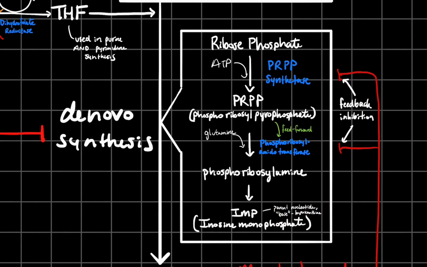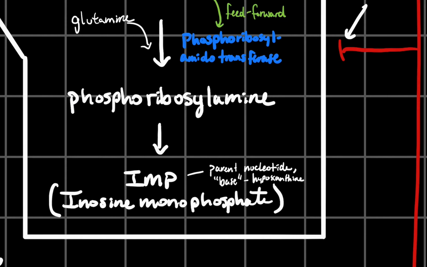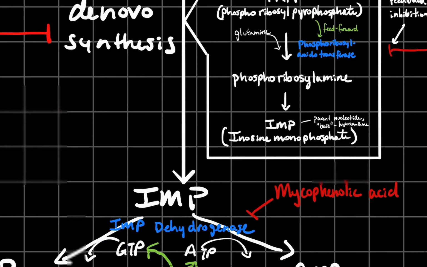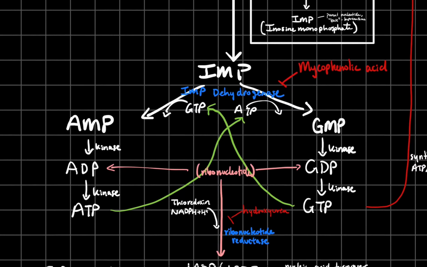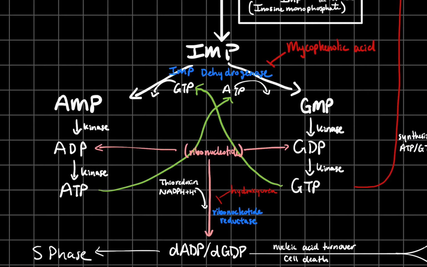And remember, IMP doesn't really sound like GTP, GDP, any of our bases that we know and love. The base that it's going to have is hypoxanthine. Okay, so this is going to be kind of the parent nucleotide in which we can differentiate it into our different purines.